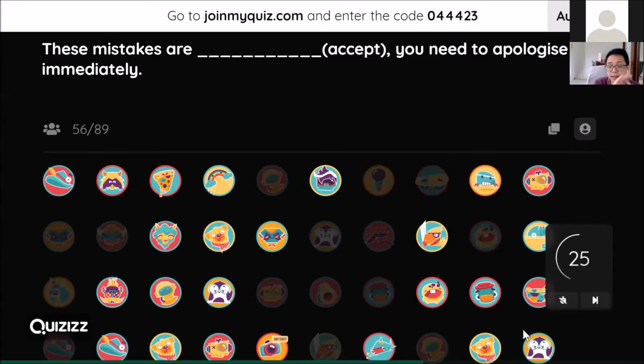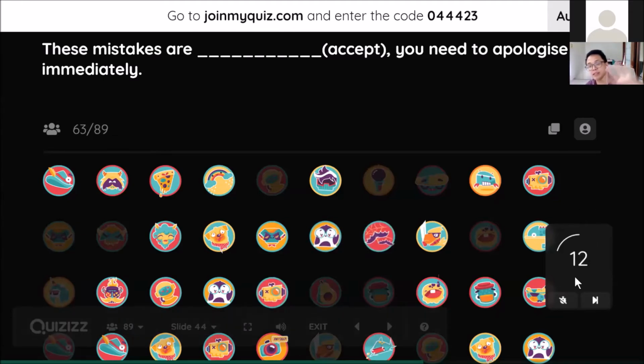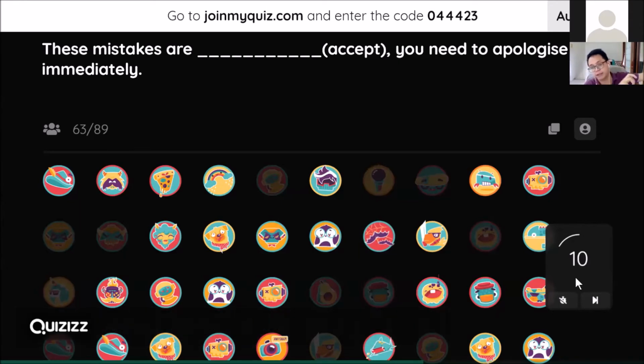Here you are describing the mistakes. So you need to use the adjective. So the adjective of accept is acceptable. Okay, then you want to add the prefix, 加在前面的, so you change acceptable to unacceptable.